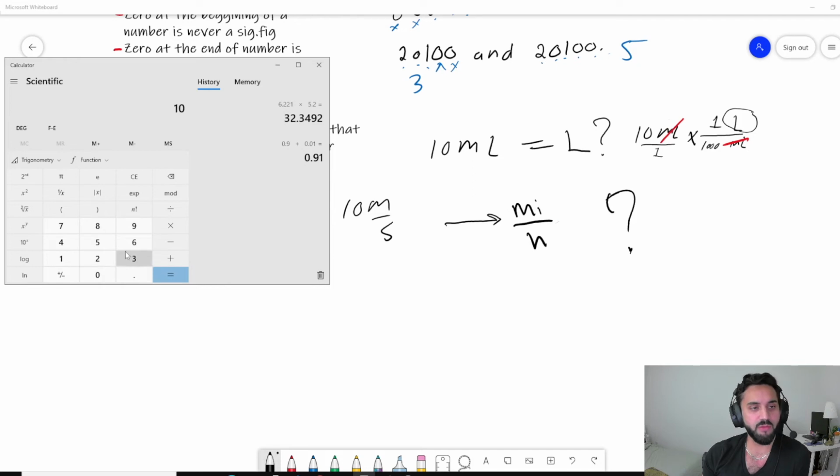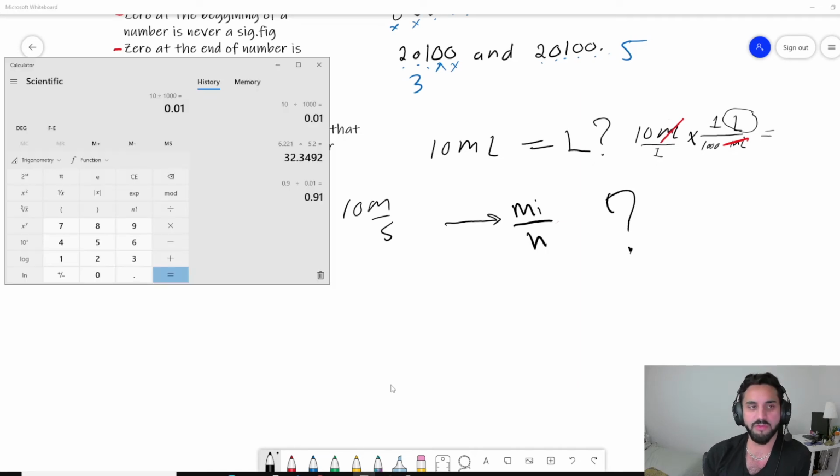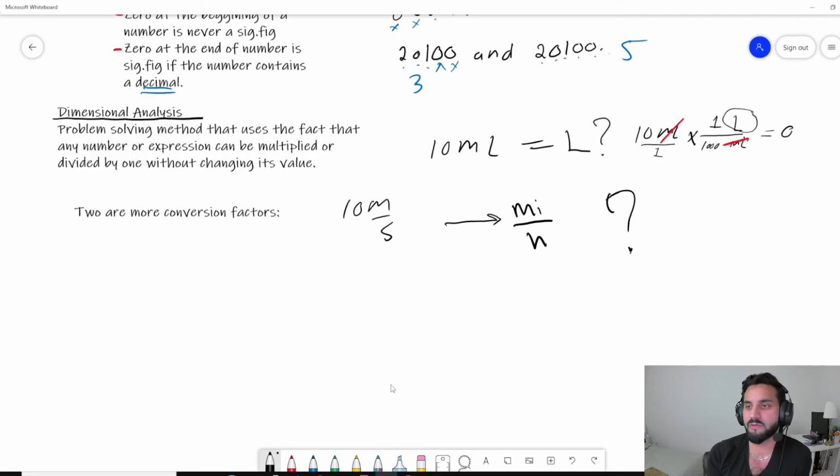Dividing by 1 does nothing for us, and here we're just going to divide 10 divided by 1000. Our answer is 0.01, and that's in liters.